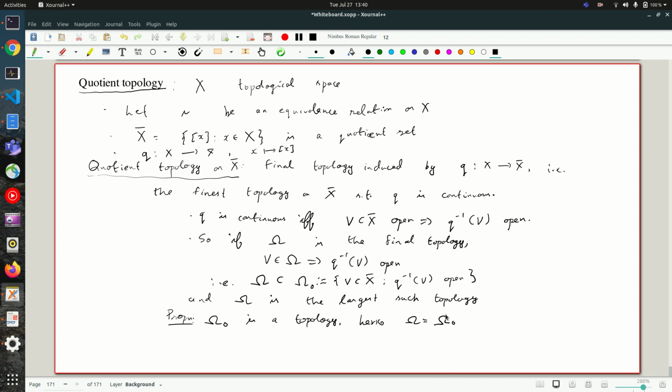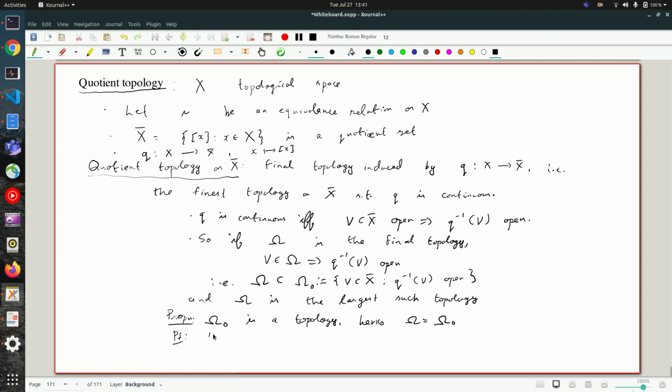So in general, if it's an initial topology, you may have to increase the size, and if it's a final topology, you may have to decrease the size from the given open sets, from the sets we can deduce to be open. In the final topology case, we can deduce any open set is one of some collection. We may have to cut down the collection. But here we don't, because this is a topology.